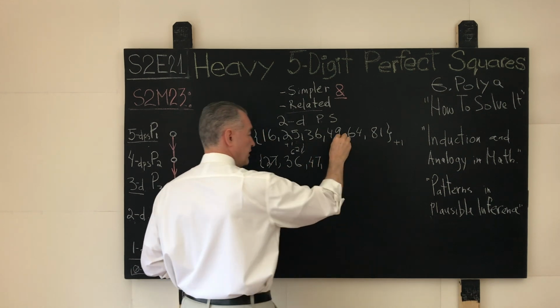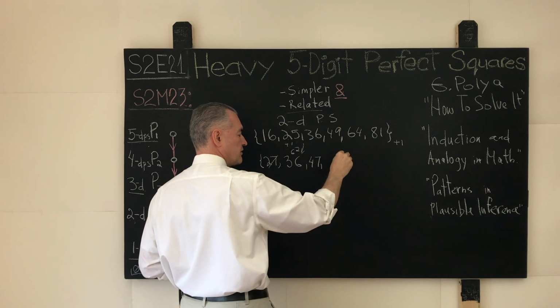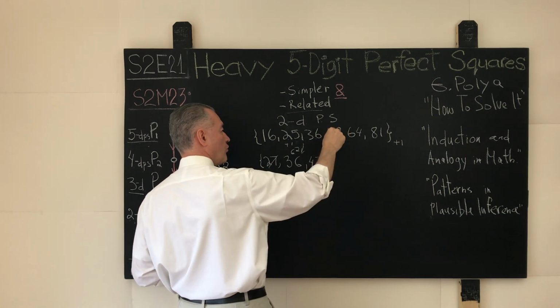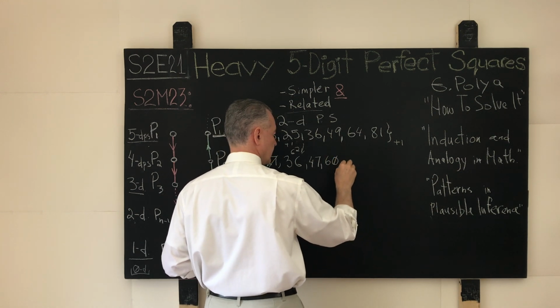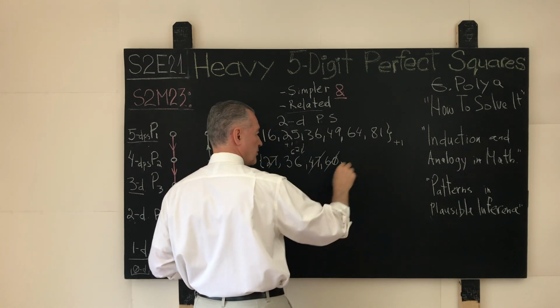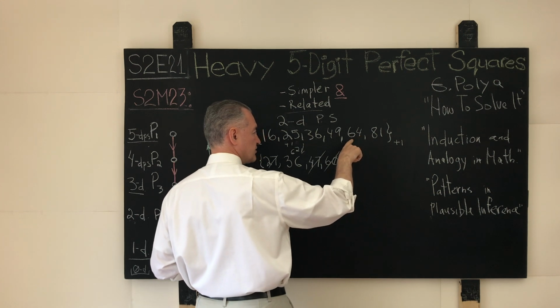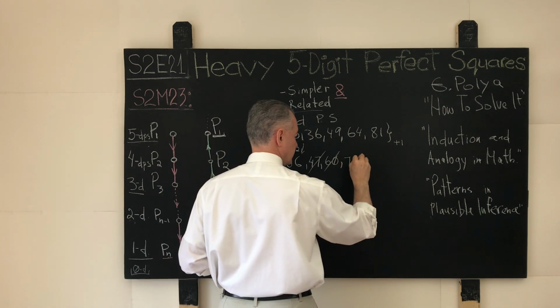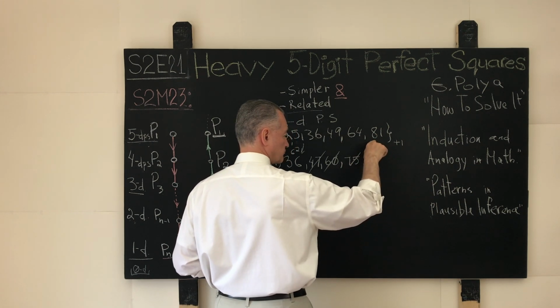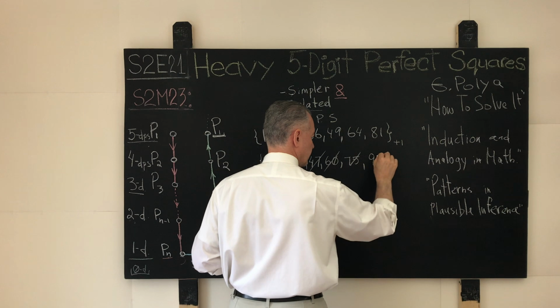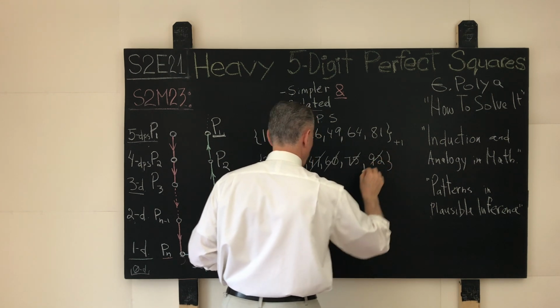No good. Here we get 9 plus 1 is 0, carry 1 over. 4 plus 2 is 60 by the looks of it, 60. Not a perfect square. 4 plus 1 is 5, 6 plus 1 is 7, 75, not a perfect square. 1 plus 1 is 2, 8 plus 1 is 9, 92, not a perfect square.